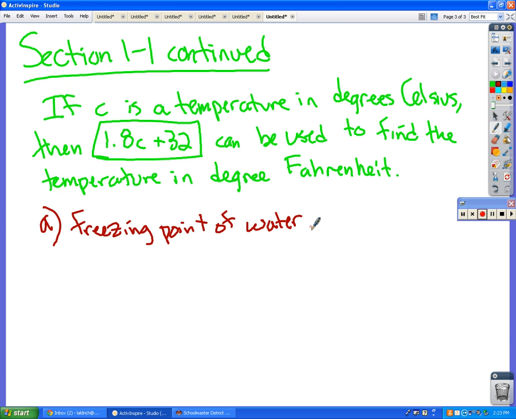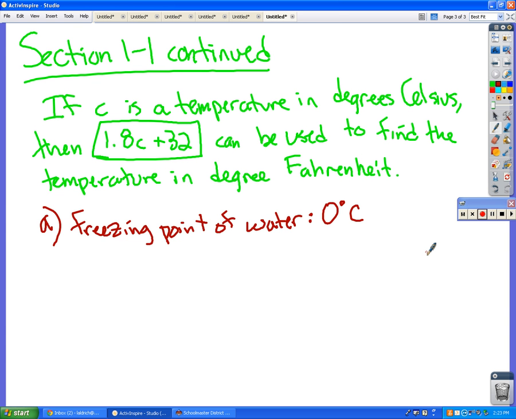What's the temperature that water freezes at in Celsius? Does anybody know? No? Nobody knows? I know in Fahrenheit. The temperature is 0 degrees Celsius.